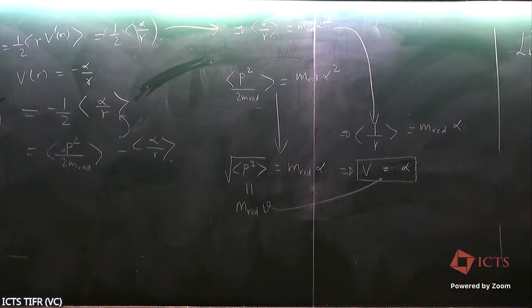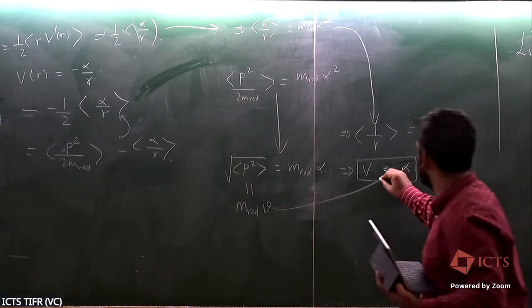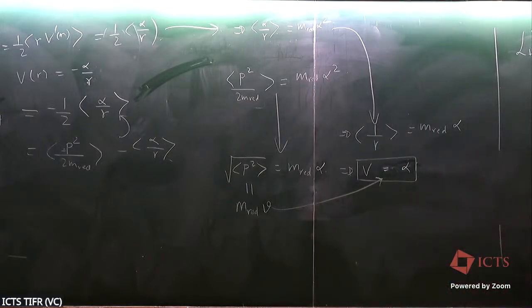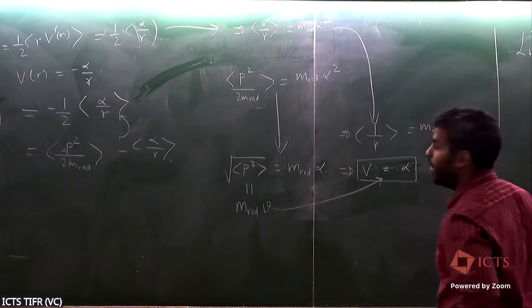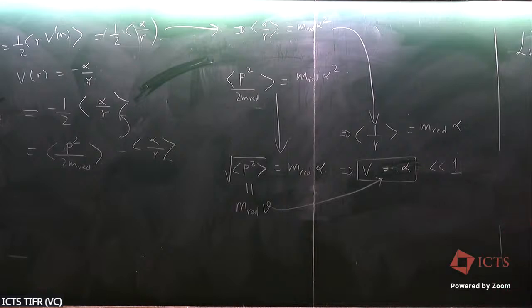Has everybody followed? Just plain simple business. So this tells you that the electron velocity is very small in the hydrogen atom. Just from the virial theorem, you concluded that the electron is non-relativistic, the proton is static, and so I can describe it in the non-relativistic EFT framework. So this is much, much less than 1.